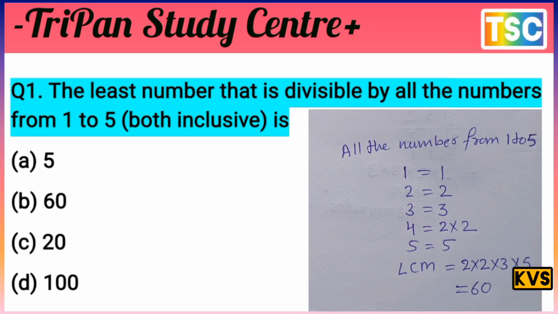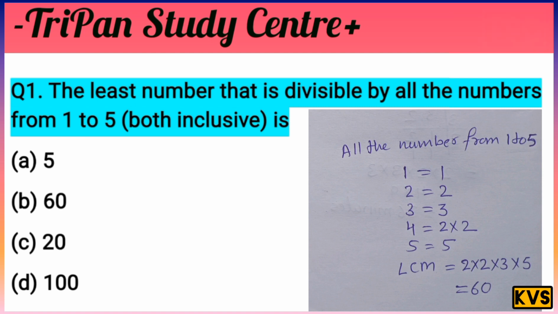Here 4 has 2 appearing two times, which means 2 into 2, and 3 appears 1 time. So 3 and 5 are also 1 time. 1 is not needed here. So to calculate this, 2 into 2 into 3 into 5 is equal to 60.